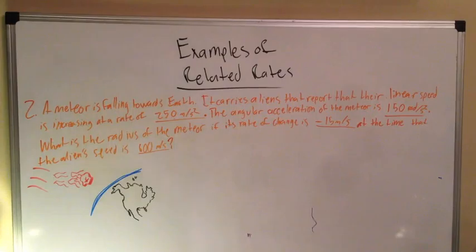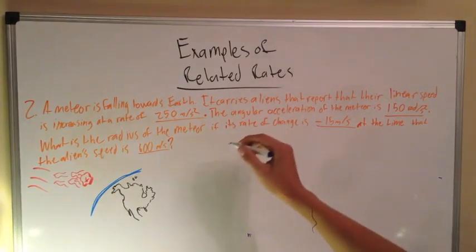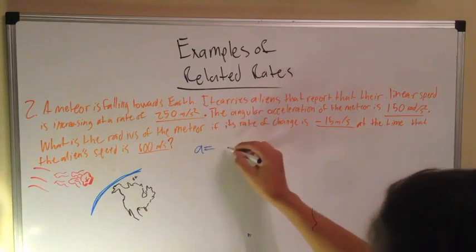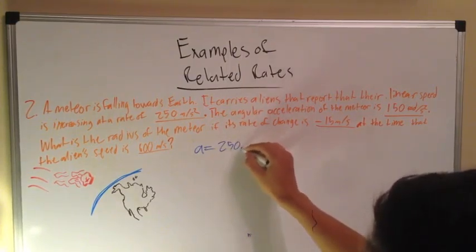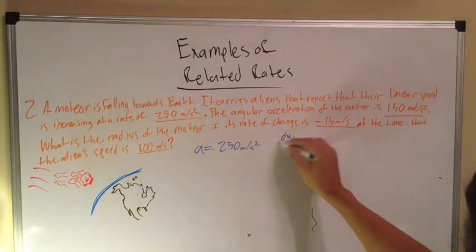So first let's write down what we know. We know that their linear speed is increasing at a rate of 250 meters per second. So its linear acceleration equals 250 meters per second squared. And we know that the angular acceleration of the meteor is 150 radians per second squared.